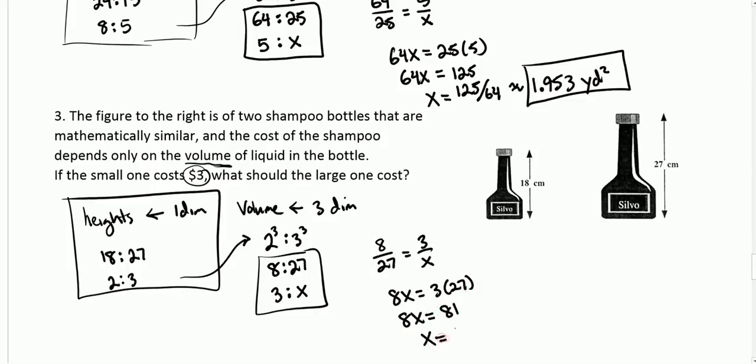So x should be 81 divided by 8. And we're rounding a little bit here, so it's $10.13.